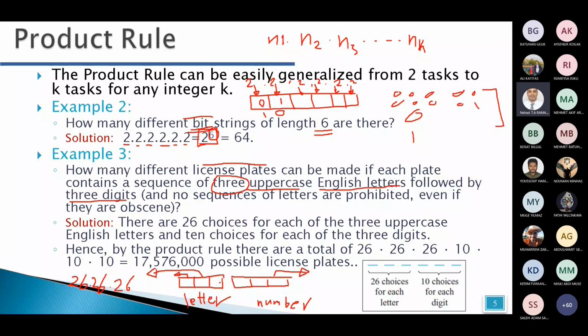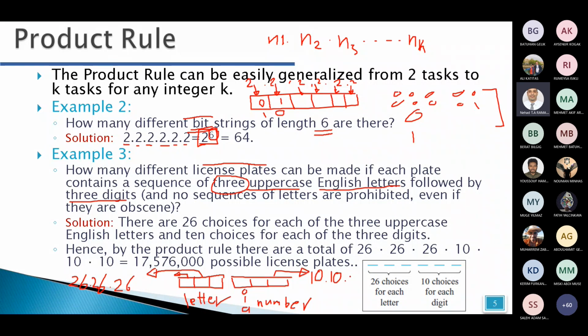To select the number, we have the choices 0, 1, 2 until 9. So how many choices? It's 10 for the first number. Second number, multiplied by another 10 ways.